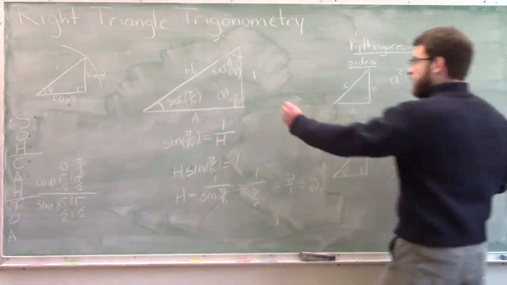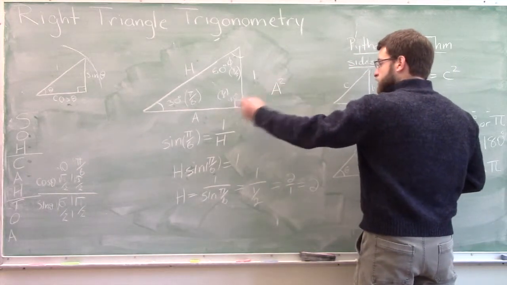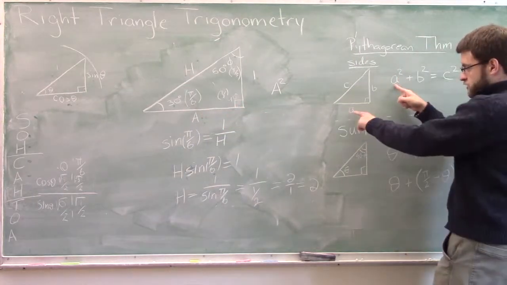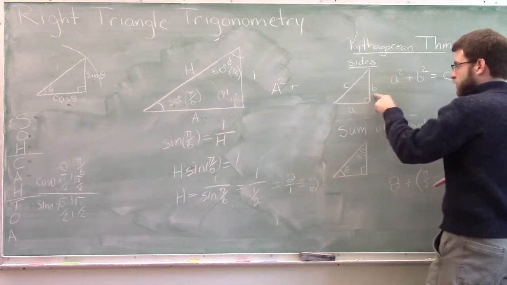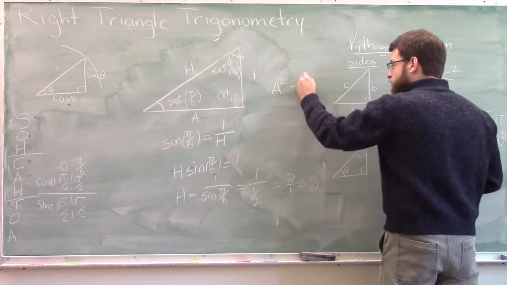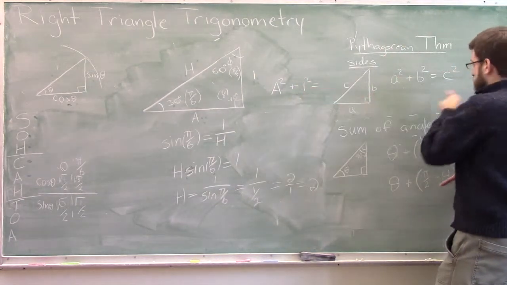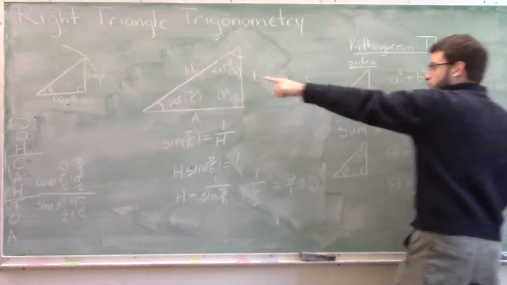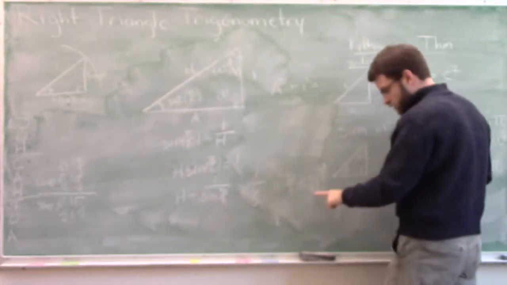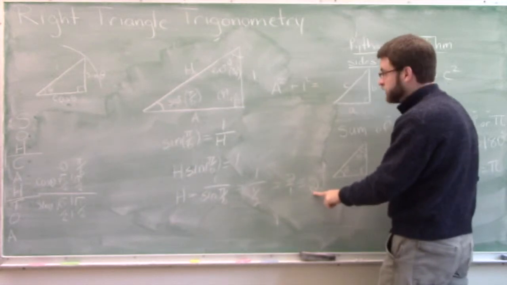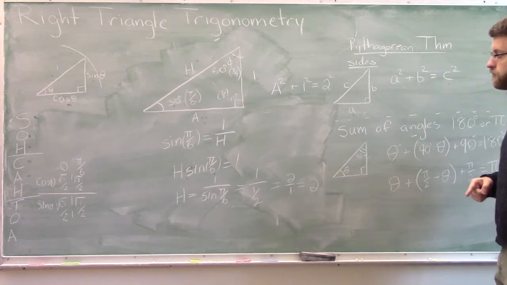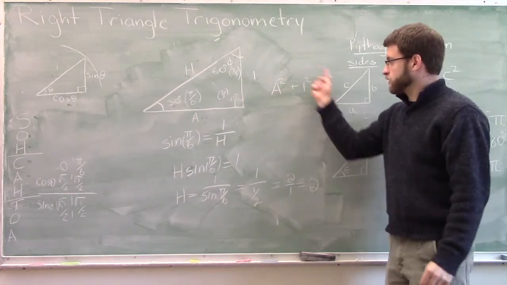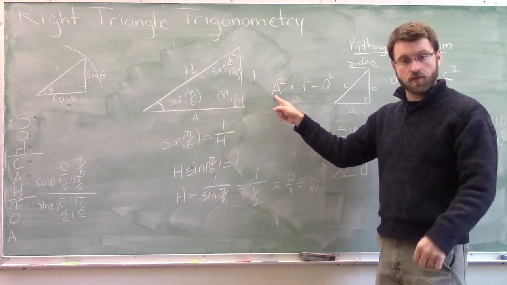So we have a squared, that's the adjacent side to our angle, and this lower leg, plus this vertical leg, which is b, so that's 1 squared. And their sum should be equal to the hypotenuse squared, which we called h, but we found the value of h to be equal to 2. So that should be 2 squared. Okay? So now that we've got this relationship, all we need to do is solve for the value of a.